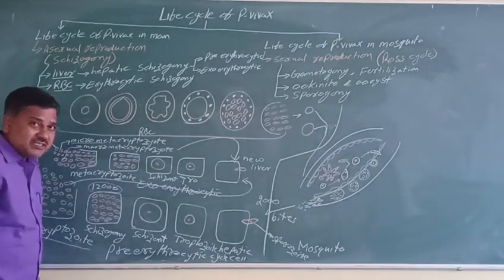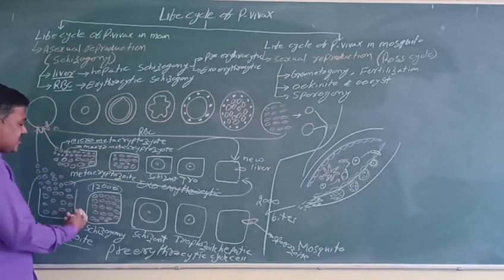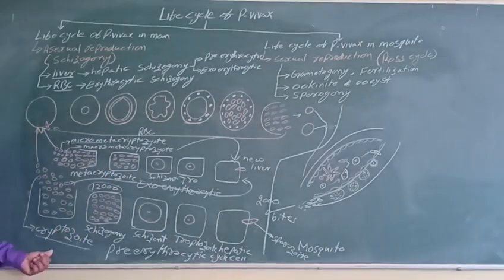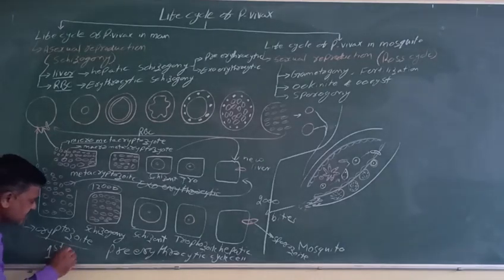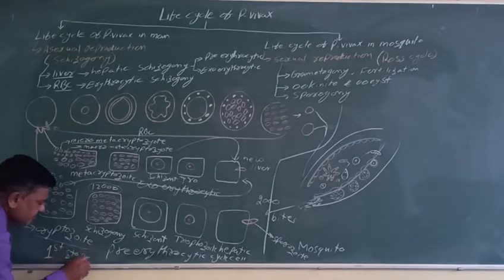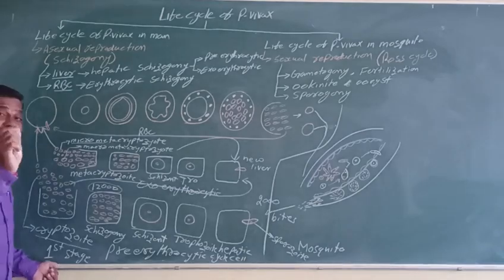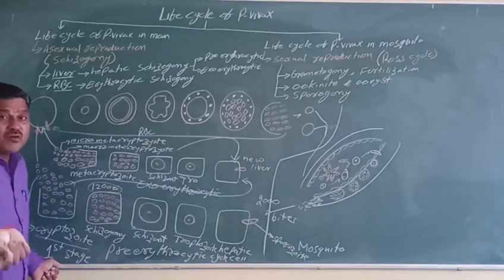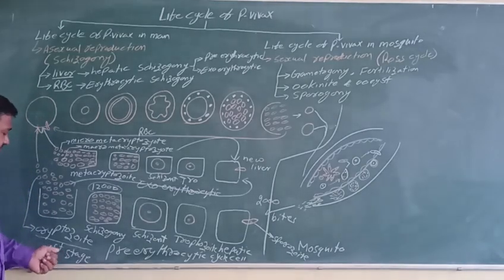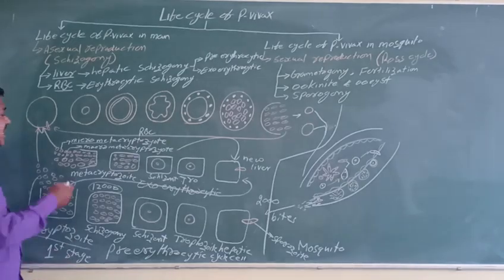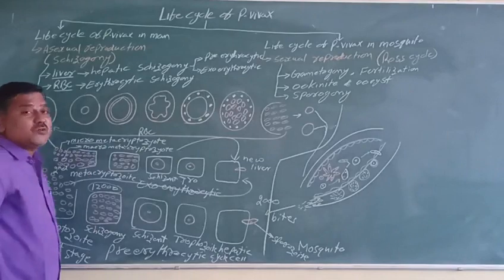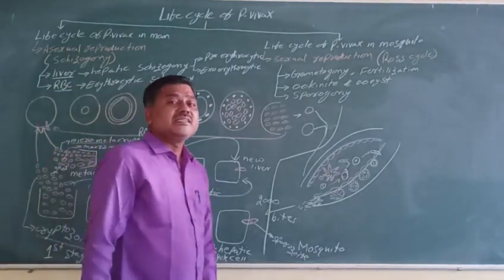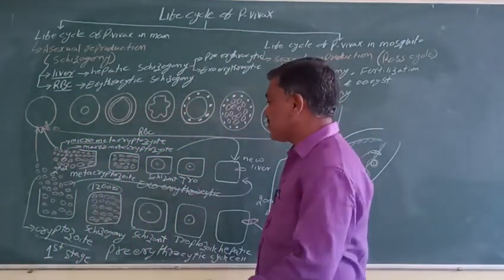Along with these, another name is there for these two. The cryptozoites are also called first stage merozoites, and these are called second stage merozoites.